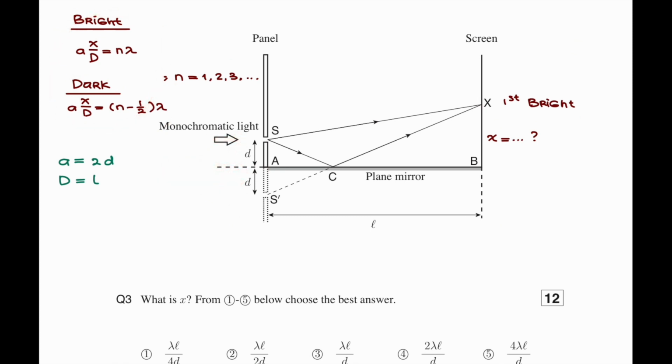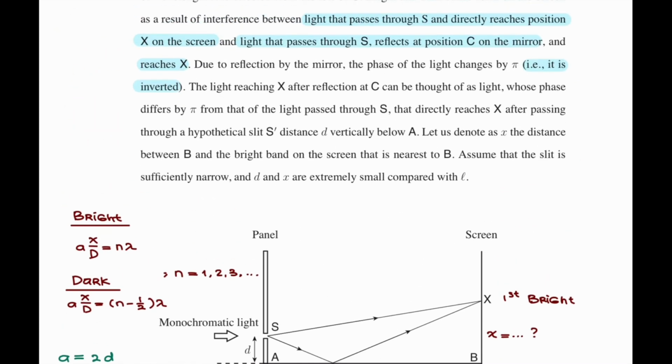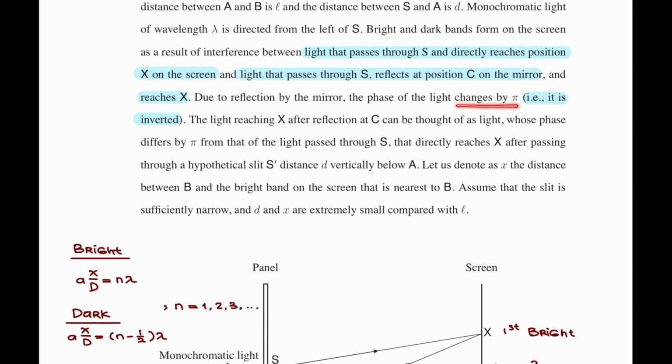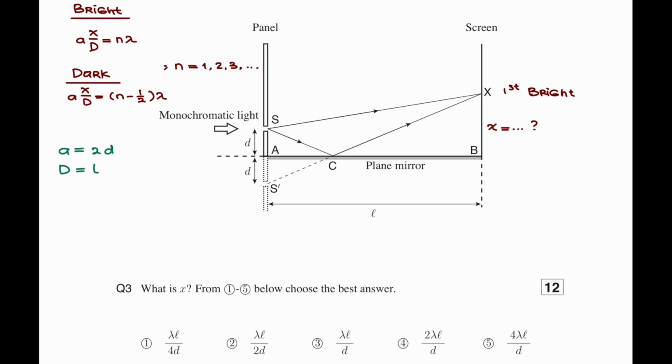Of course, we cannot use this formula to solve this question, because in this question our waves are out of phase instead of in phase. So for out of phase waves like this, we just change the condition.